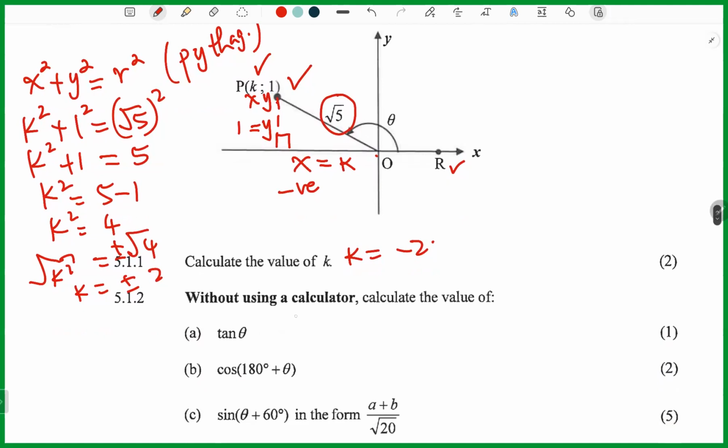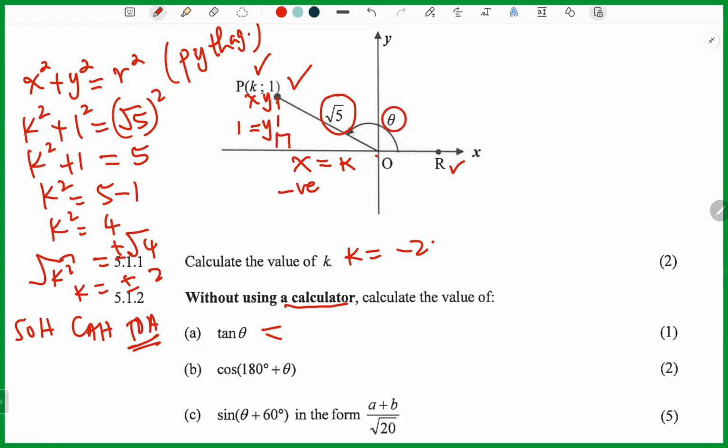Right, without using a calculator, calculate the value of the tangent of theta. For the tangent of theta, we use something called SOHCAHTOA. SOHCAHTOA means that the tangent is the opposite over the adjacent. So theta is this angle here.